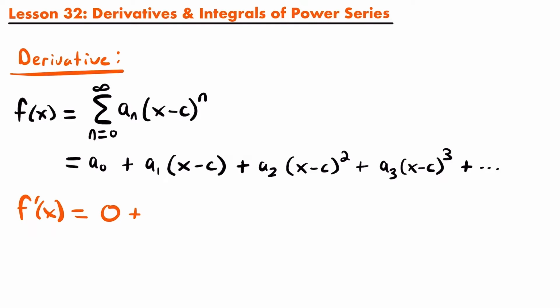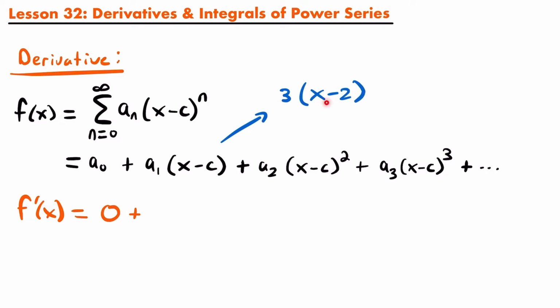Now we have a sub 1 times (x minus c). So what we have here is a constant times a quantity where we have x, a variable, minus another constant. For example, if we were to replace a sub 1 and c with actual constants, let's say 3 times (x minus 2), how would you take the derivative?